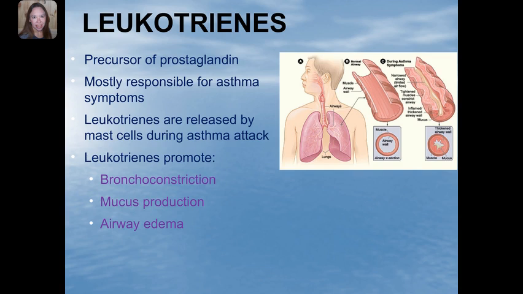The leukotrienes are going to cause bronchoconstriction, mucus production, and airway edema. When you look at a CBC and you see the eosinophils and the neutrophils, those do relate back to leukotrienes, just in case you were curious about that.